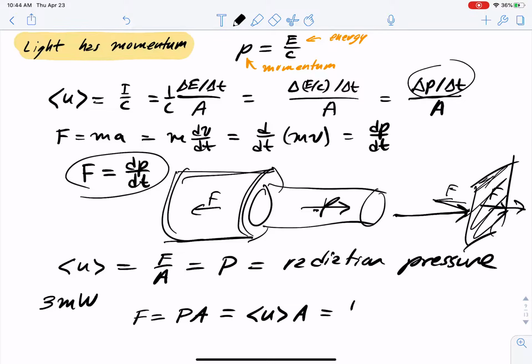The energy density is the intensity over c. Now the intensity times the area is, think, what's intensity? Energy per time per area. So if we multiply by the area, that's the energy per time, or the power. Unfortunately, you usually use P for power also, but here it means pressure, so I don't want to write P. But that's the 3 milliwatts.